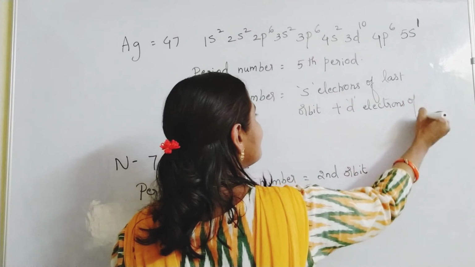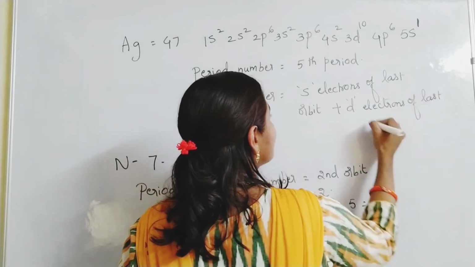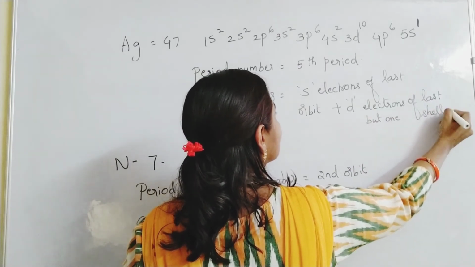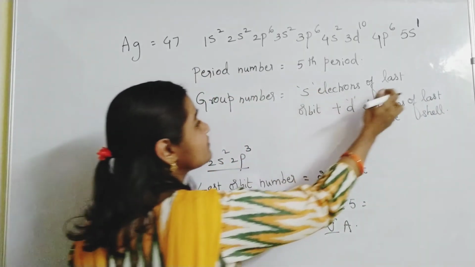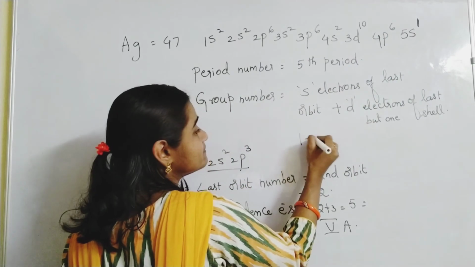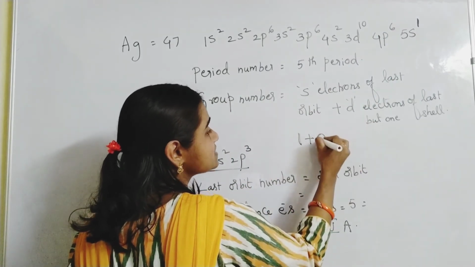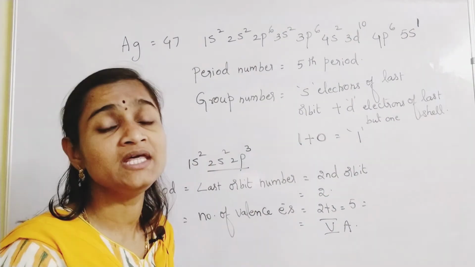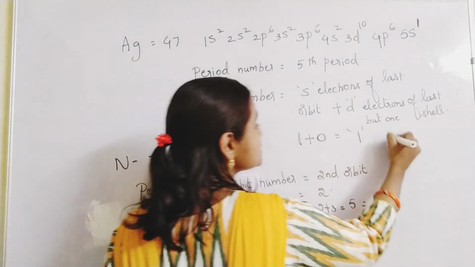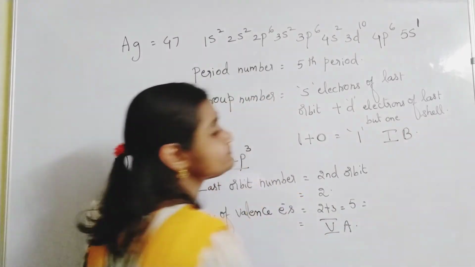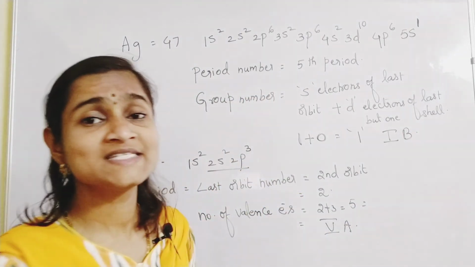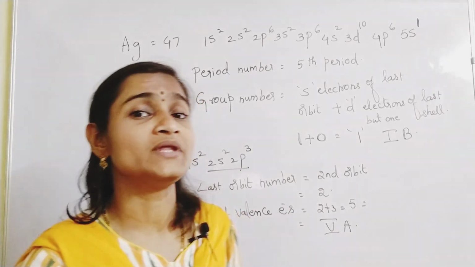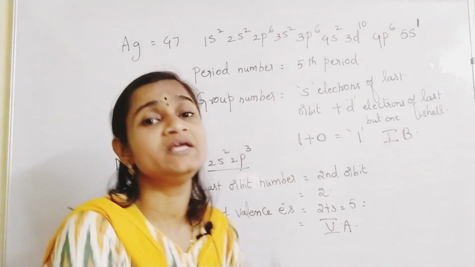Here s electrons of the last orbit are only 1, plus d electrons of the last but one shell, 0. So it belongs to 1B group. Silver belongs to 1B group. Copper, silver, gold, similarly zinc, cadmium, mercury, all these belong to second B group.